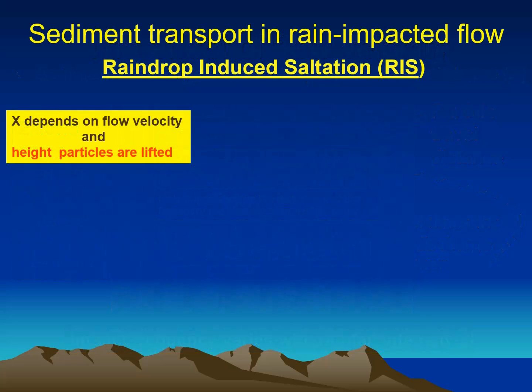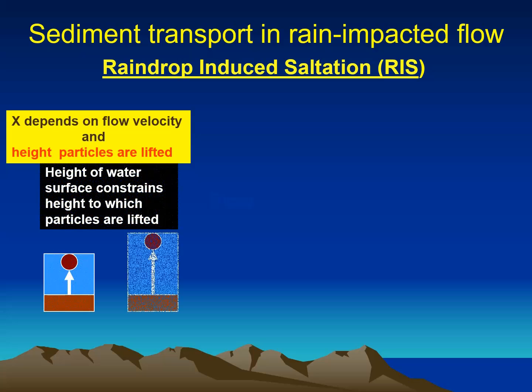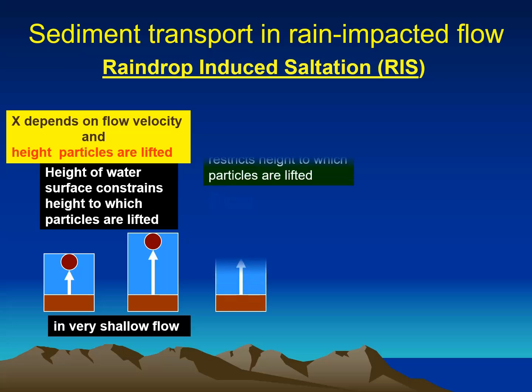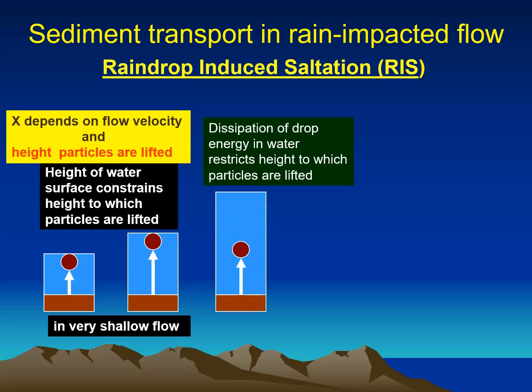The distance the particles travel depends on flow velocity and the height particles are lifted into the water layer. In some cases, the height of the water surface constrains the height to which the particles are lifted. In deeper flows, dissipation of drop energy in the water layer restricts the height to which the particles can be lifted.